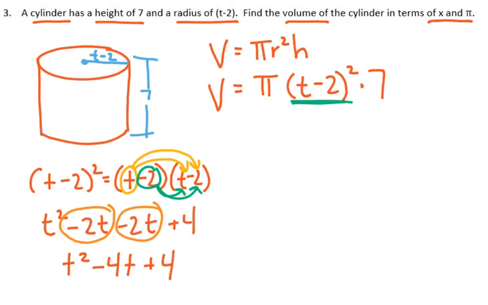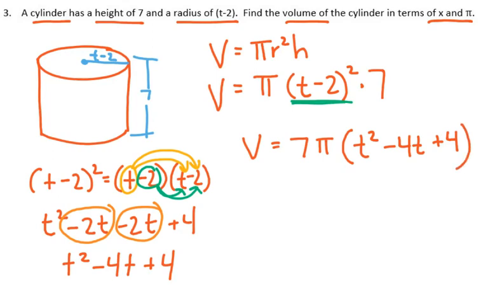So I can rewrite that back up into my problem. And when I do this, I'm also going to do a little bit of rearranging and write this as V is equal to 7 pi times the quantity of t squared minus 4t plus 4. Now, this would be one way to leave the problem.